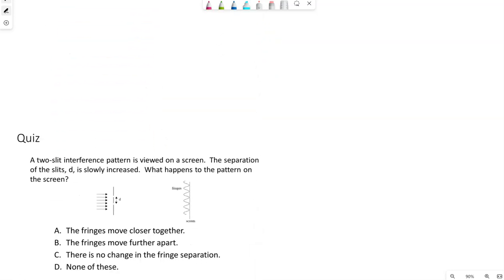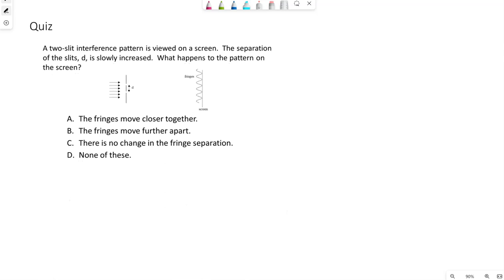Here is our next question. Correct answer here is A.